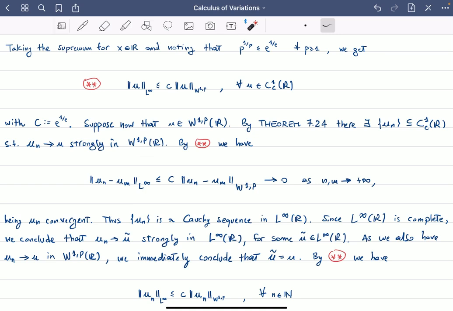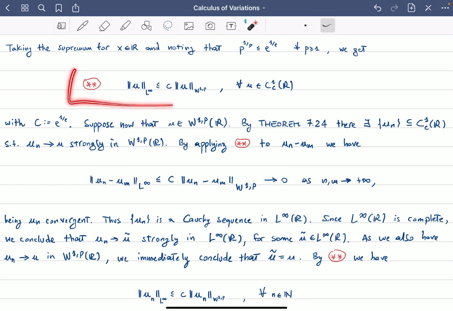Now the idea is that we want to apply the estimate (**) to u_n minus u_m.